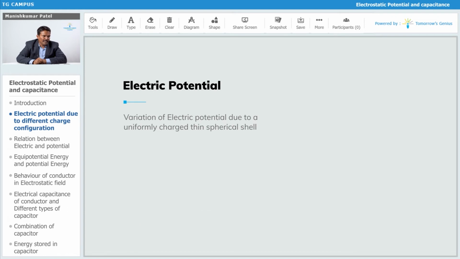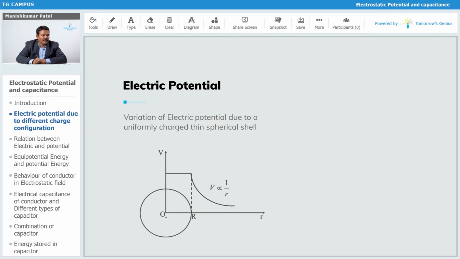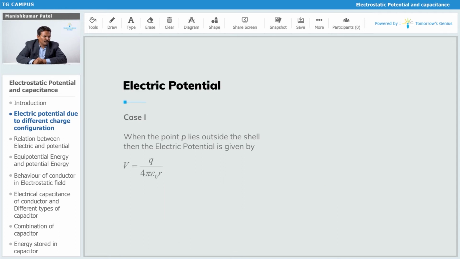Next, similar to this, you can draw the graph also. The potential due to this uniformly charged thin spherical shell at an outside point, we know that V is inversely proportional to r, so your graph varies accordingly, which is q upon 4 pi epsilon naught r.